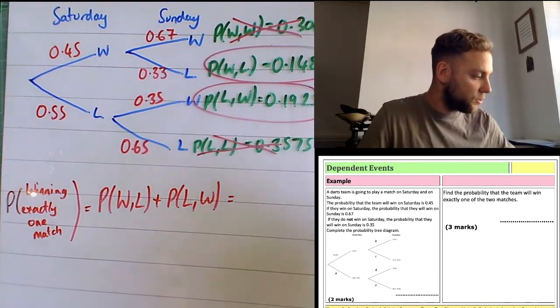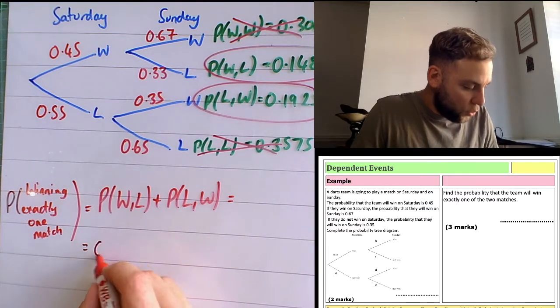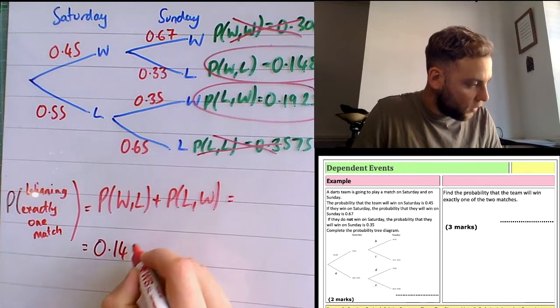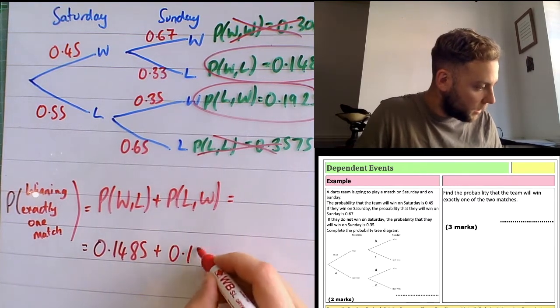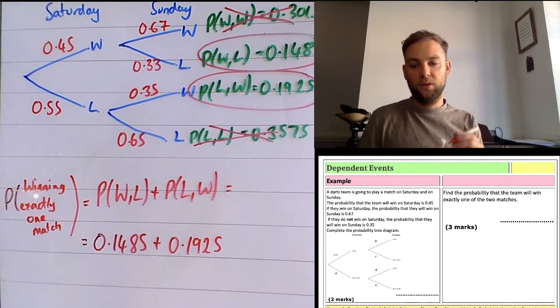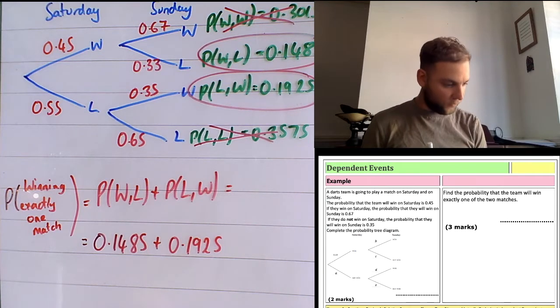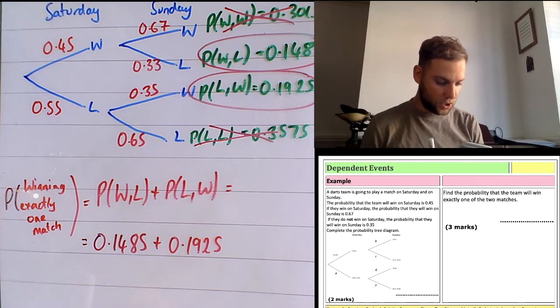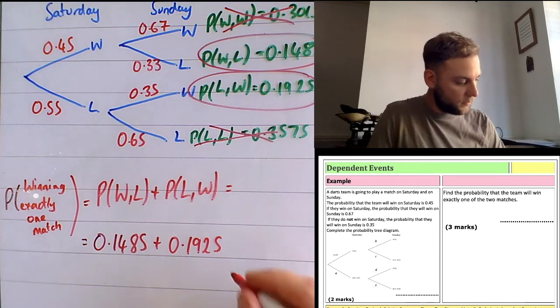So this is equal to, I'll do it underneath actually, 0.1485 plus 0.1925. So it's the probability they win and then lose, and then lose and then win. So let's have a look at that. 0.1485 plus 0.1925, which is equal to 0.341.